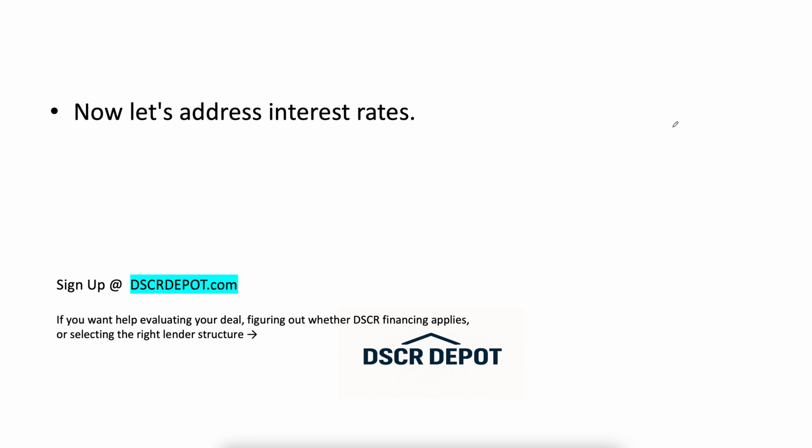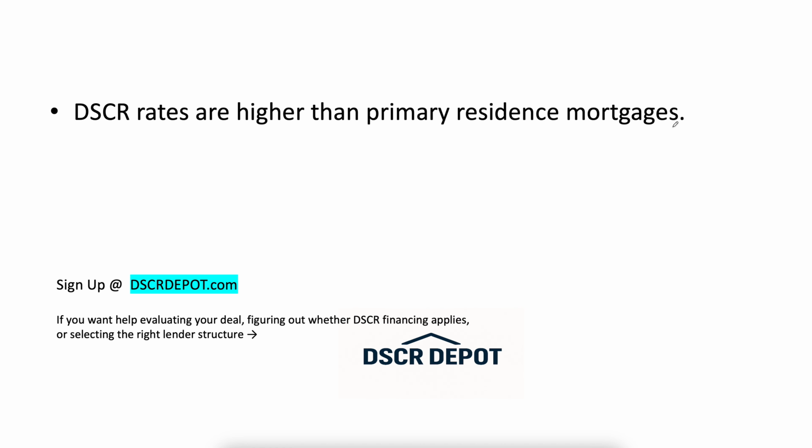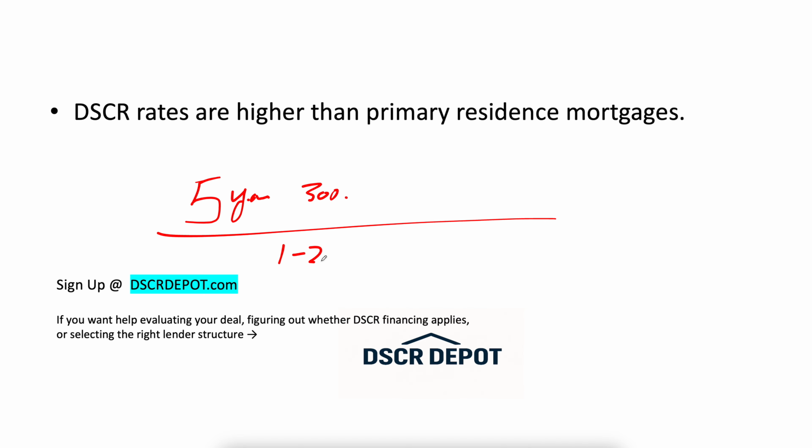So let's talk about the interest rates. They're higher than primary residence mortgages, and they're typically anchored to the 5-year Treasury note plus 300 basis points. Another way to shorthand it is usually about 1% to 2% higher than conventional mortgage rates.